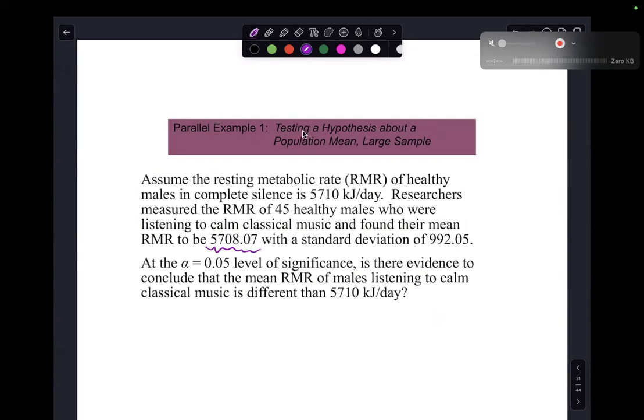We're looking for evidence that the average of males listening to calm music is different than this. Since that word different is there, this is a two-tailed test. Whenever it says different, this is a two-tailed test.